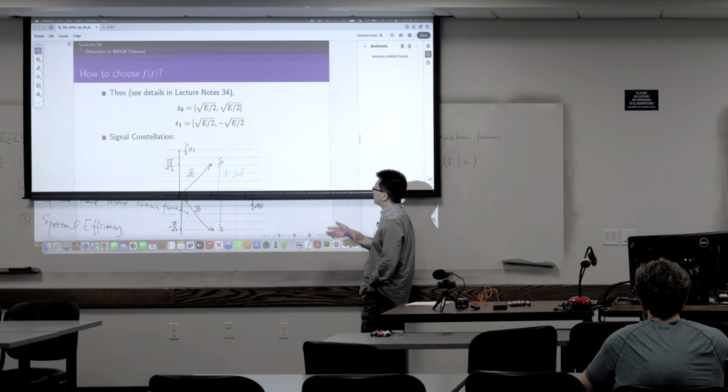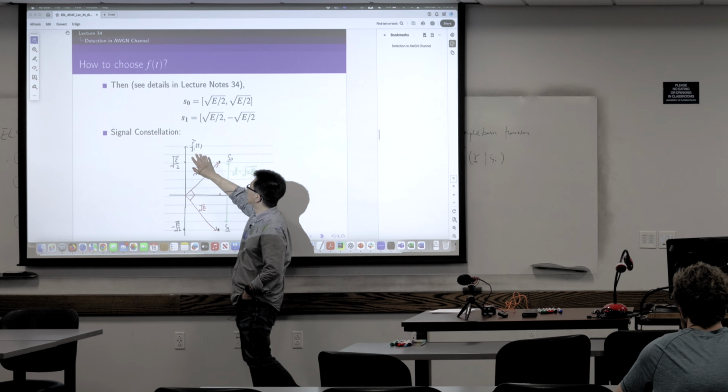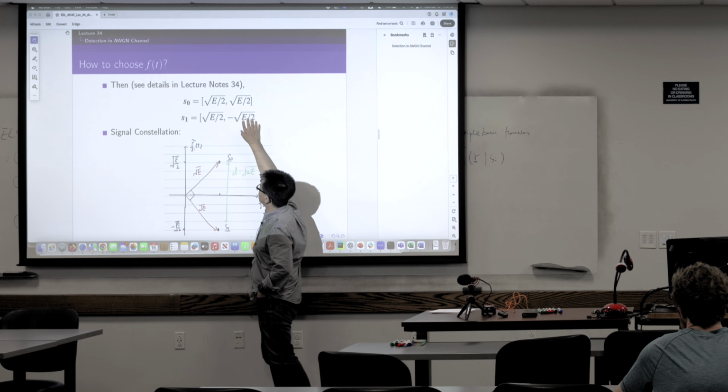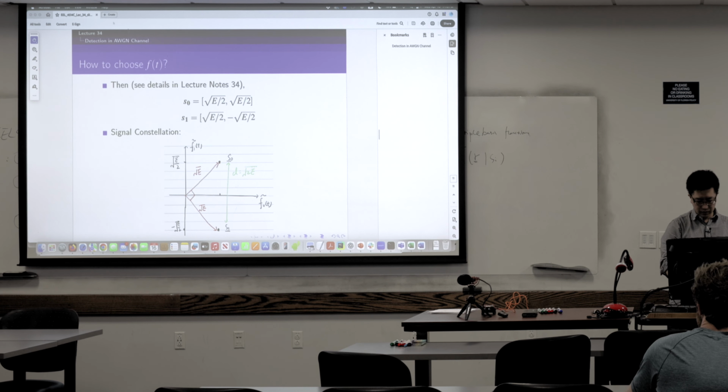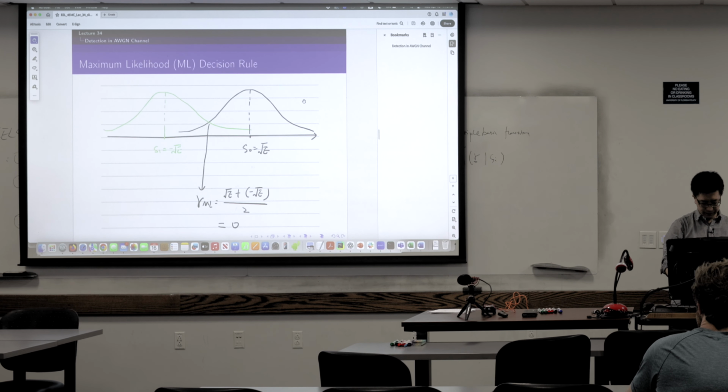In this case we have two basis functions, so this is our S0 and S1. Remember, R is what we have after the inner product.